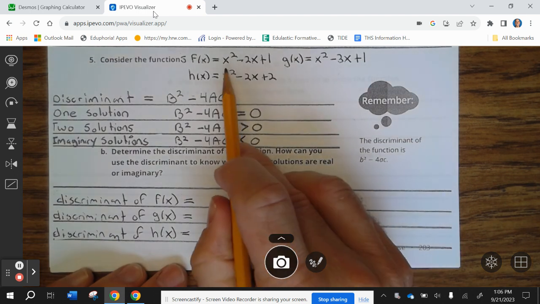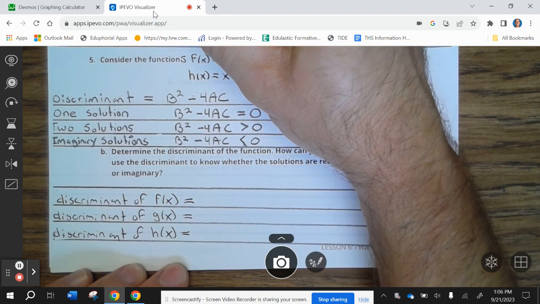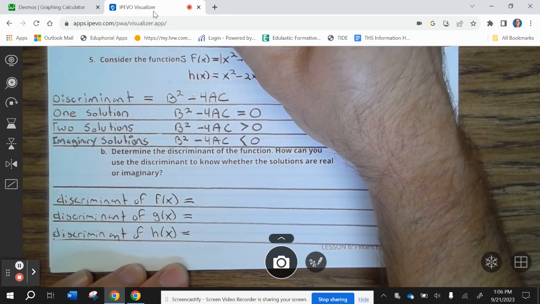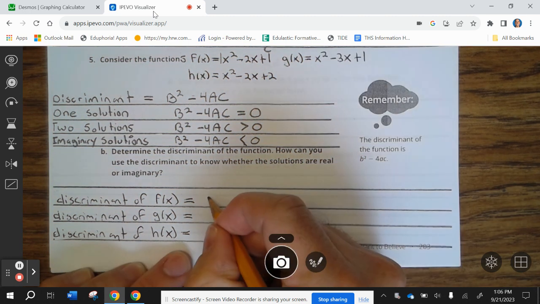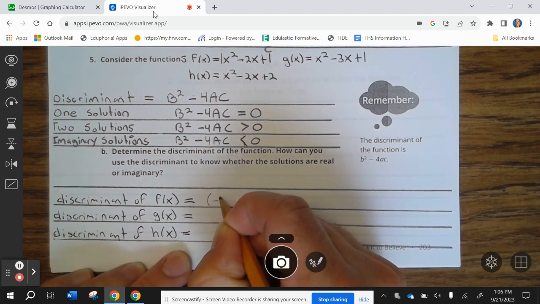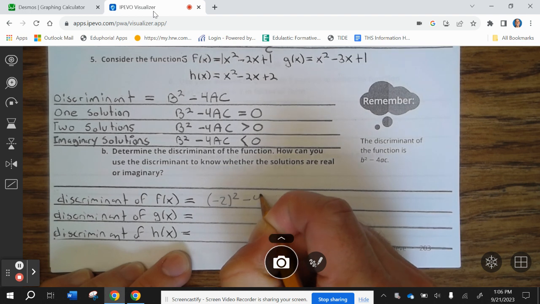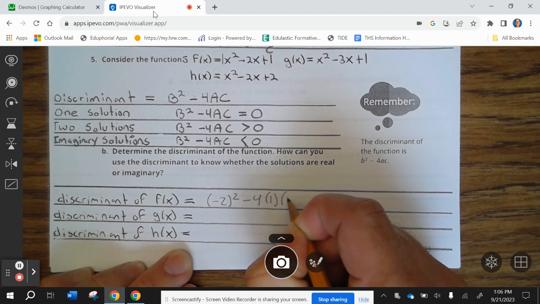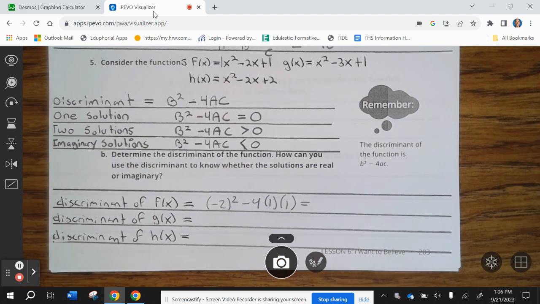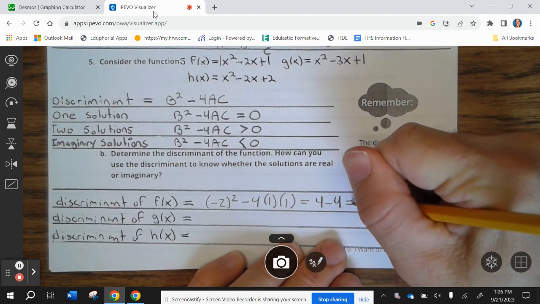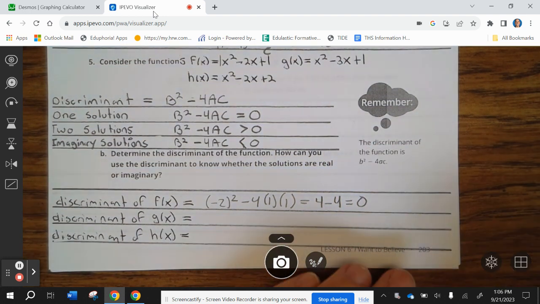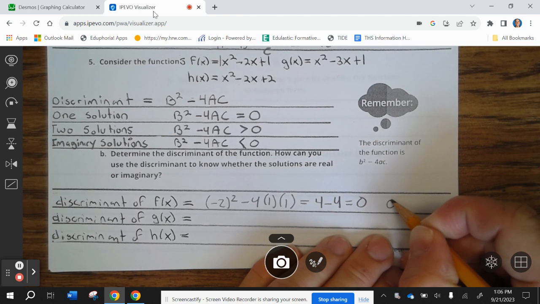So let's do the discriminant for f of x. This is a, this is b, this is c. So that would be negative 2 squared minus 4 times 1 times 1, which equals 4 minus 4, which equals 0, meaning there is one solution.